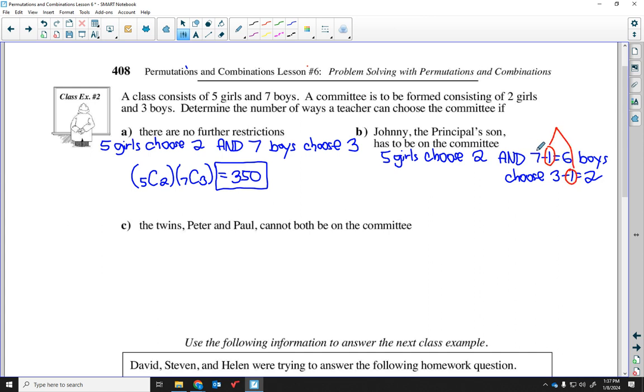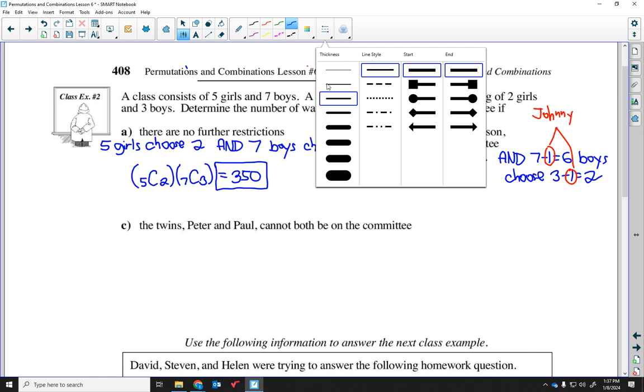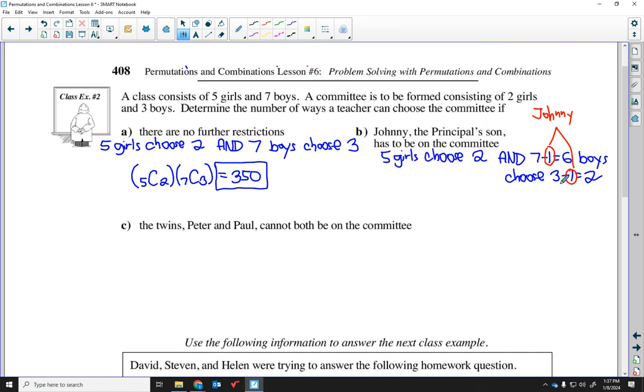Because he's already on the committee, that's 1 fewer boy to choose from, and 1 fewer spot to fill in. That's a result of Johnny being on the committee, which is some extreme bias right here, considering how he's the principal's son, but it's just a math problem, although it's kind of absurd if that was actually a restriction that's required.